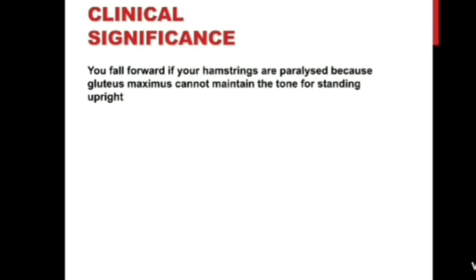So you're most likely to fall. I'm sure everybody has done this at one point or the other. When you kick the back of your friend's knee, what you're doing is hitting at the point of insertion of these muscles such that they fall forward. So you're actually inactivating their hamstring muscles.